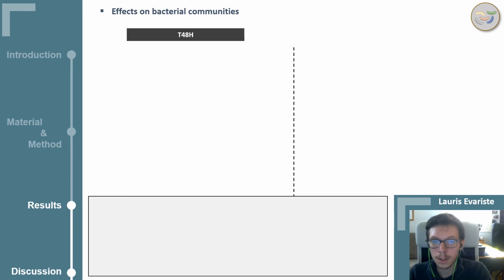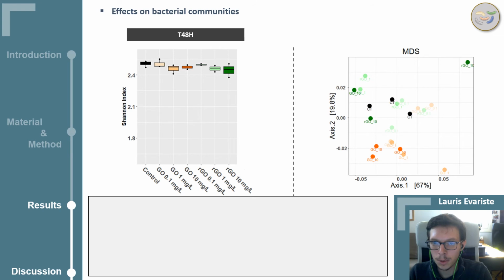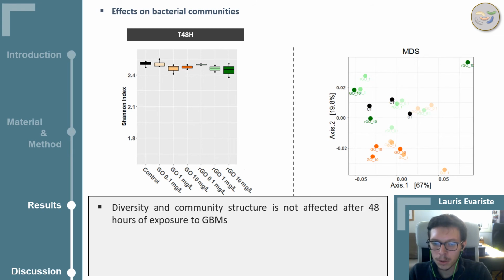Now, if we focus on the results from the 16S sequencing, we observe that following 2 days of exposure, the diversity and the community structure are not affected by GBMs. And this is surprising because we had strong growth inhibition while the community was not affected.